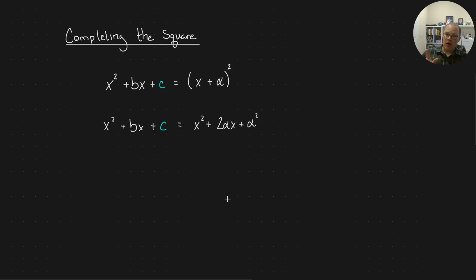Now, it turns out if you have two polynomials equal to each other, that means the coefficients of the same terms will also be equal. So for x squared, that's obvious, right? I get 1 equals 1. That's not very helpful. But if we go for the x term, that means b must be equal to 2 times alpha.